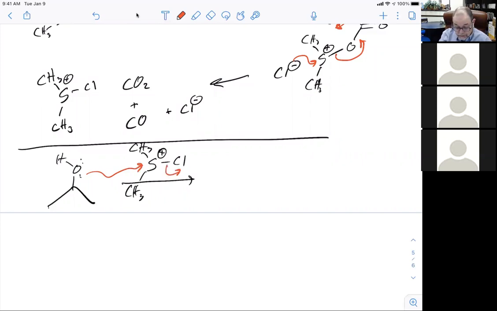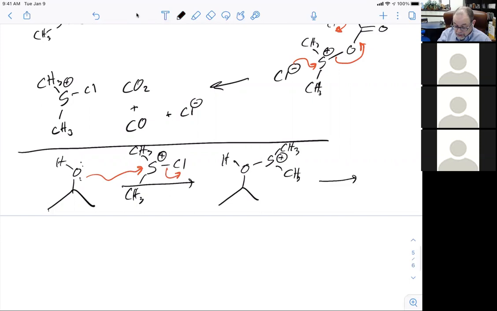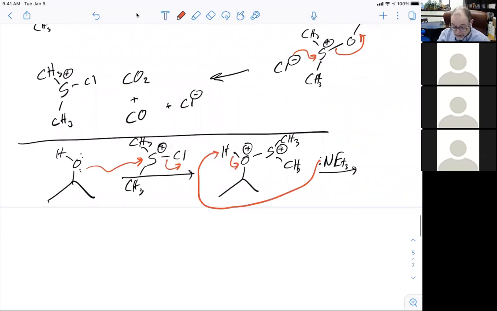We get a leaving group leaving, so nucleophilic attack, leaving group leaves. Still have the positive on the sulfur. But now triethylamine, and I've shown it in a bad place, but that's okay, we'll just draw a really long arrow. So this comes all the way over here, deprotonation. So we get a nucleophilic attack, followed by a proton transfer. Base picks up proton.